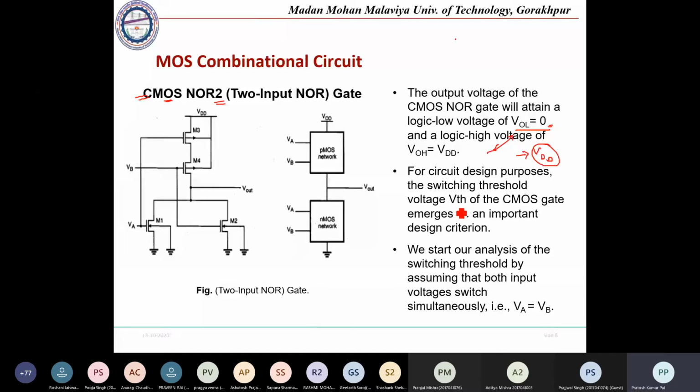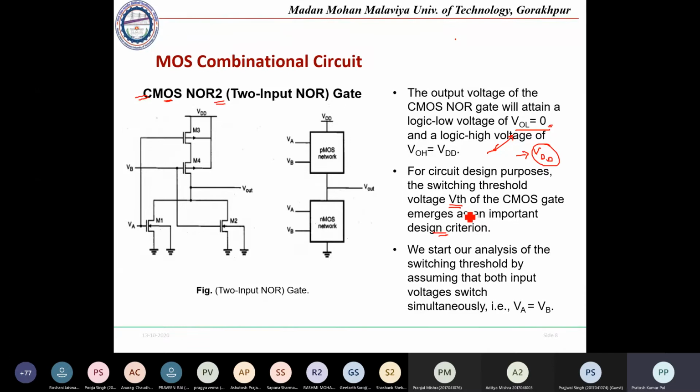For circuit design purposes, the switching threshold voltage VTH of a CMOS gate emerges as an important design criterion. The particular voltage at which it changes state is defined by VT, the switching threshold of an inverter. We have seen in the inverter case that when the input is VT and the output is also VT, that point is considered the switching threshold voltage.